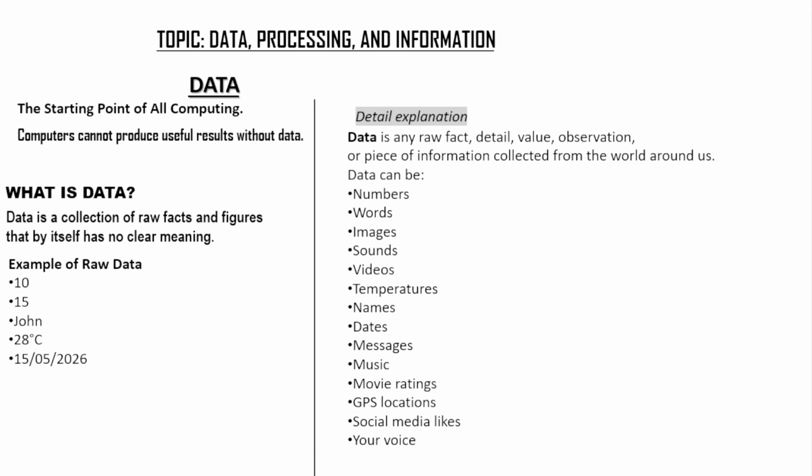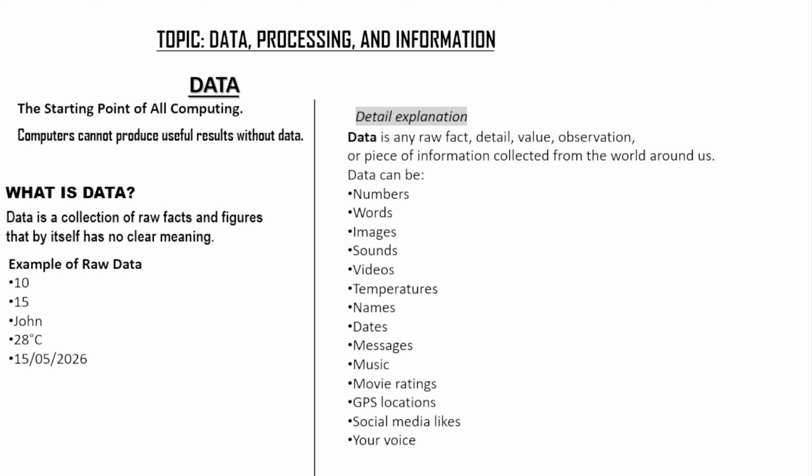Data is any raw fact, detail, value, observation, or piece of information collected from the world around us. Most people hear the word data and immediately think of numbers, but data is actually much bigger than that.